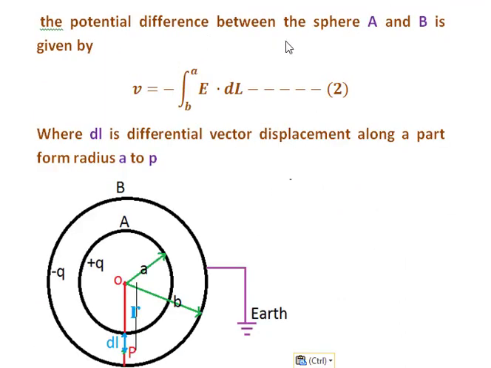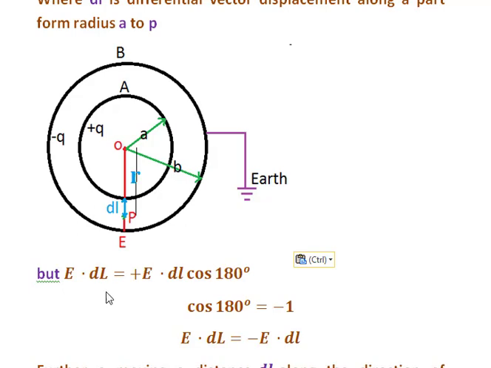So the potential difference between sphere A and B is given by this, where dl is a differential vector displacement along a path from the radius a to P. This distance from 0 to here is a, from this radius a to the point P. This is dl, a differential vector from here to here.